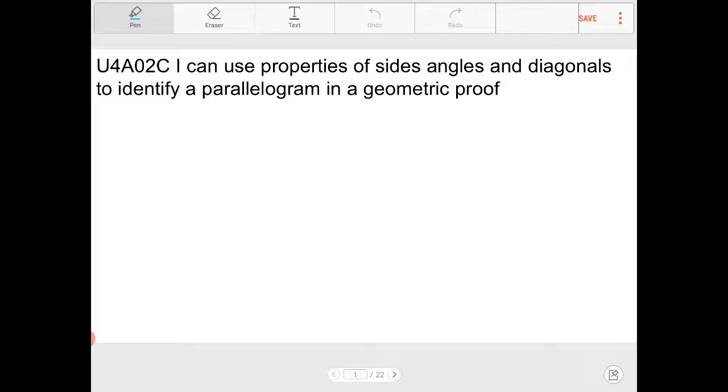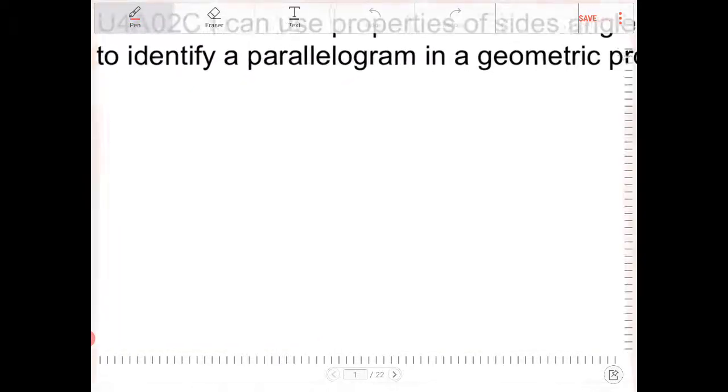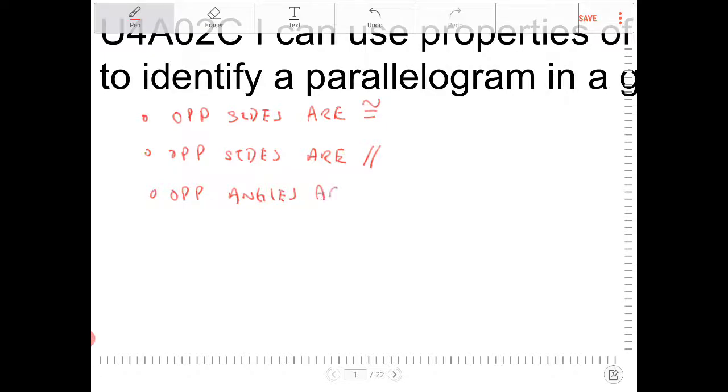So welcome back. Hopefully everyone here got the chance to look that information up or was able to write that information down. So the first idea was opposite sides are congruent. Opposite sides are parallel. Opposite angles are congruent.